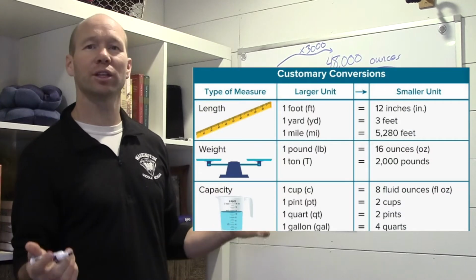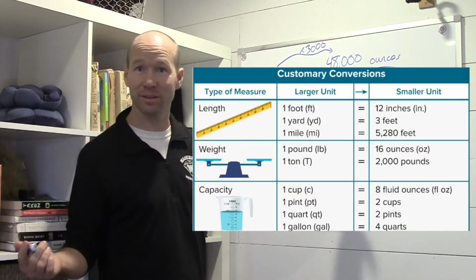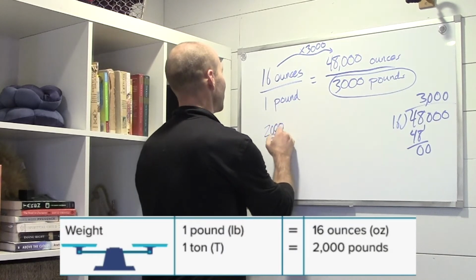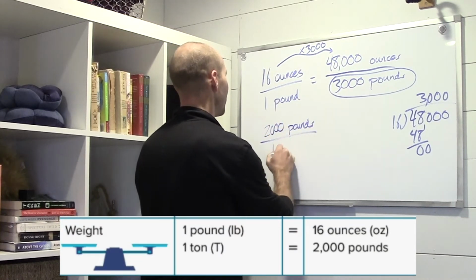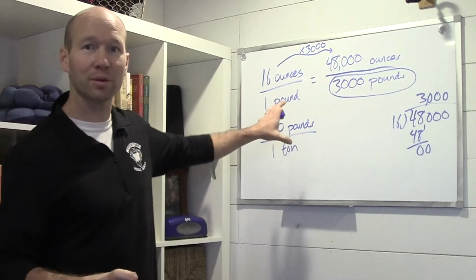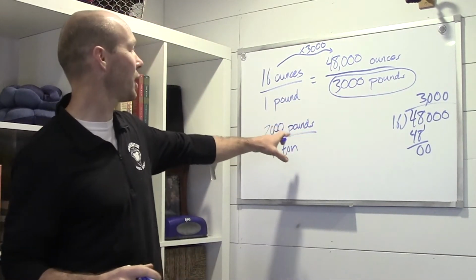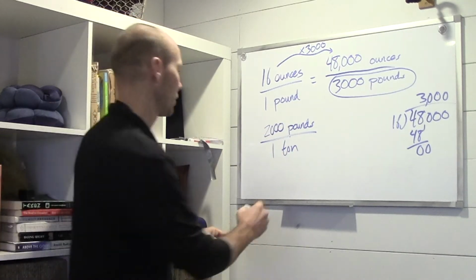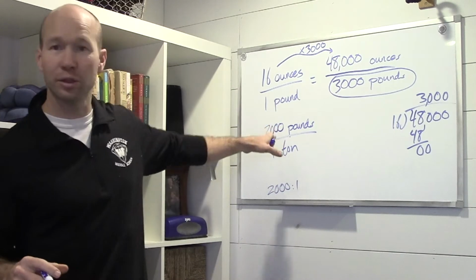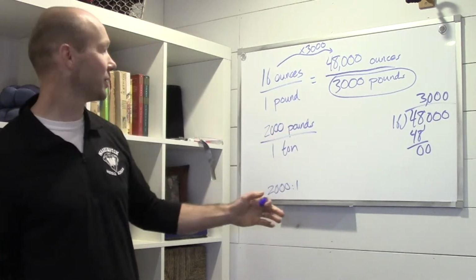What unit ratio do I know about tons and pounds? I know that 2,000 pounds equals 1 ton. My unit ratio of pounds to tons is 2,000 to 1.